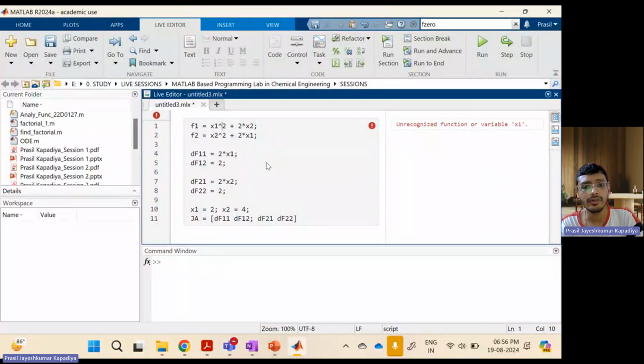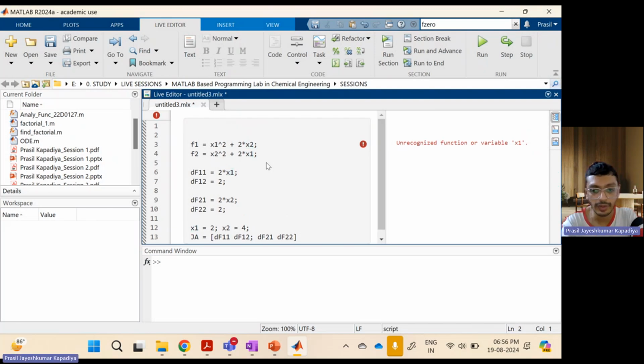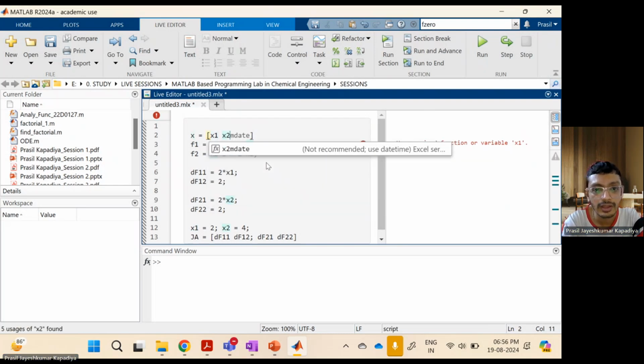Okay, so let's do one thing. Now I want to find my Jacobian at a particular value. So I will write down one function. I can just define my function in terms of x is equal to x1, x2.